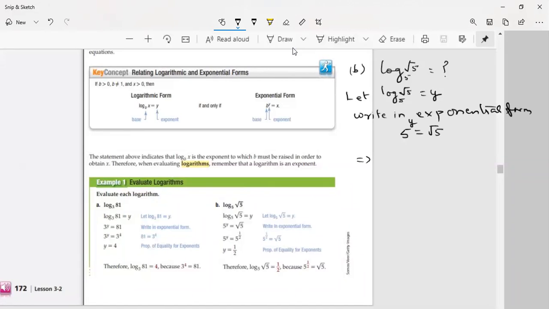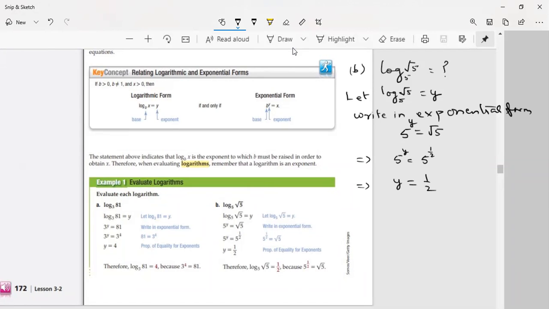Now root 5 means 5 raised to power 1 by 2. Then by the property of equality for exponents, if bases are the same, then exponents will be the same. Therefore, the value of y is equal to 1 by 2.